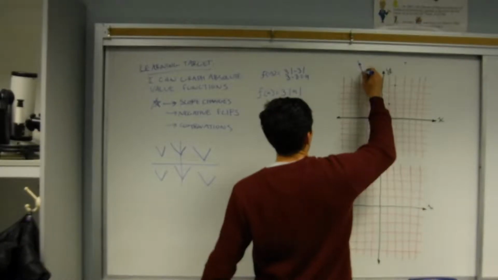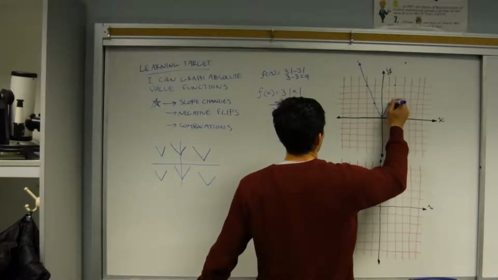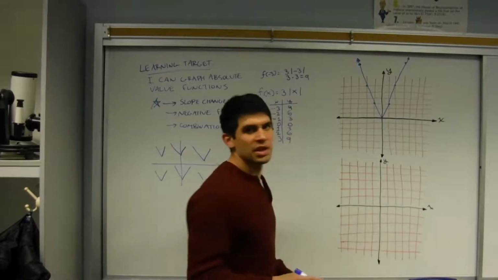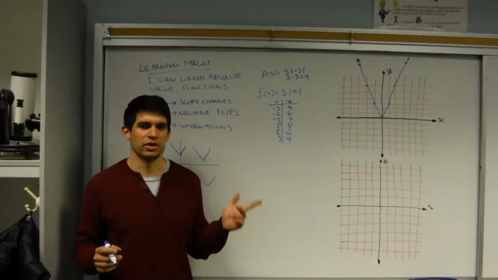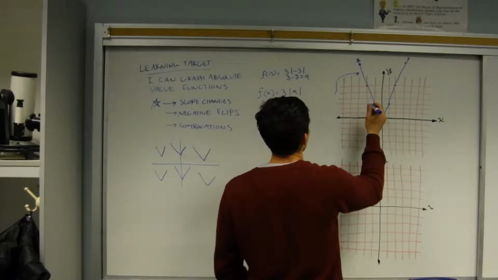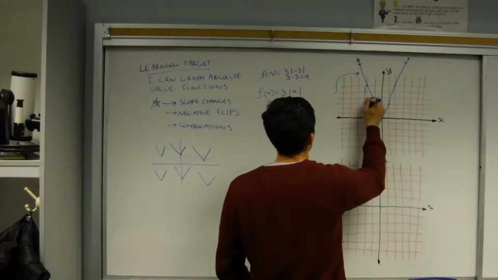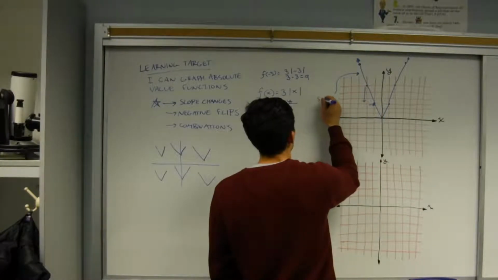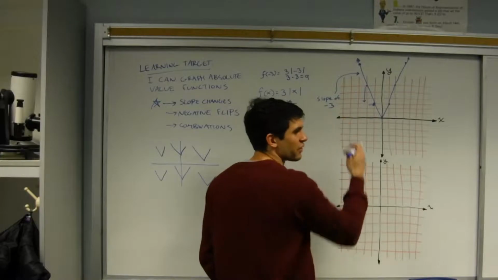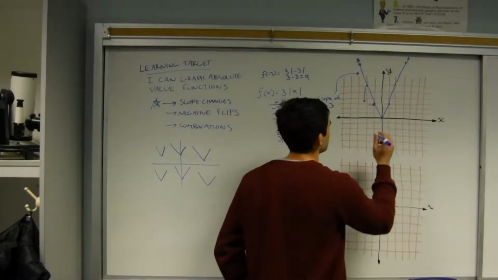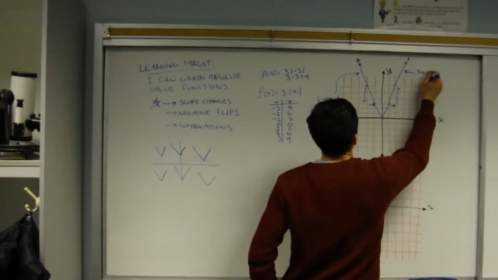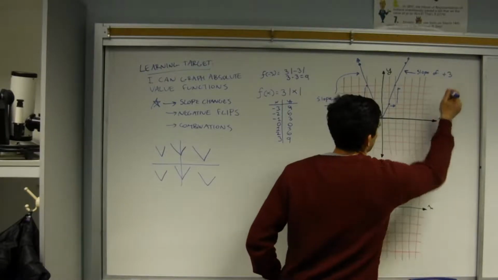And if we connect the dots, we get a classic V-shaped function, except this time it's just a little bit narrower than the ones we were looking at before. And that's because if we look at the left side, for each 1 unit we go right, we go down 3, which if you recall, that means it has a slope of -3 to the left of our vertex, whereas to our right, for each unit we go right, we go up 3, so that would mean we have a slope of +3.